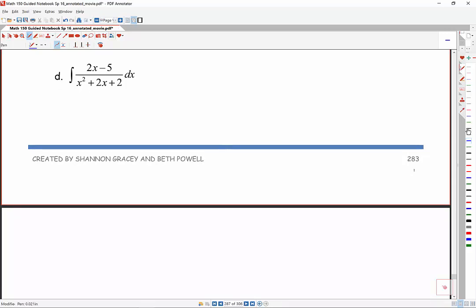And what if we said u was x squared plus 2x plus 2, du dx would be 2x plus 2. That's real close to 2x minus 5, isn't it? So dx, if I isolated dx, I would have du over 2x plus 2.